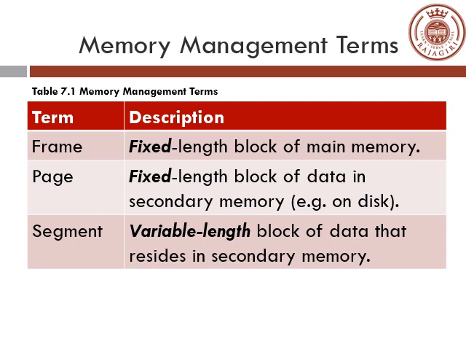If we divide the main memory into a number of equal sized blocks and also divide the secondary memory into a large number of equal sized blocks, then we have a frame which is defined as a fixed length block of main memory. Similarly, a page which is defined as a fixed length block of data in secondary memory, that is, on the disk. We can also have a variable size block of data on secondary memory called segments.